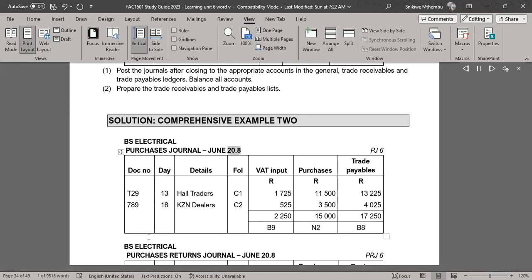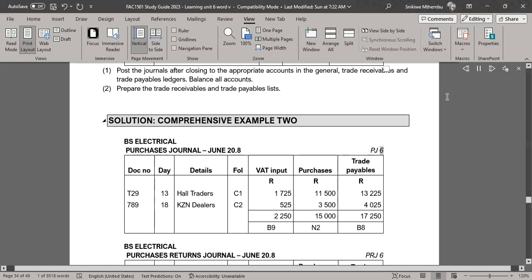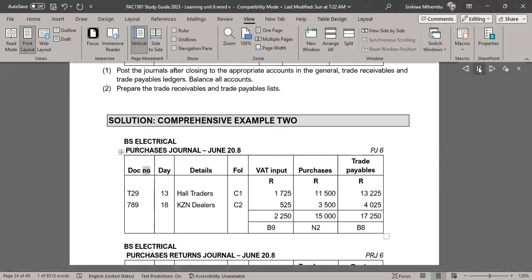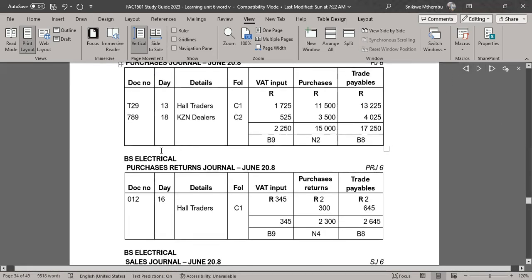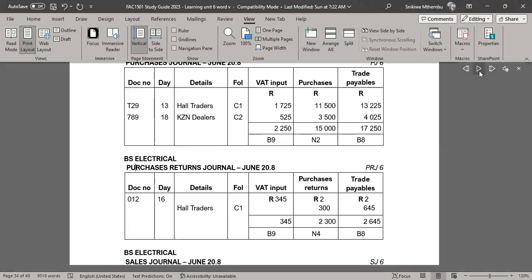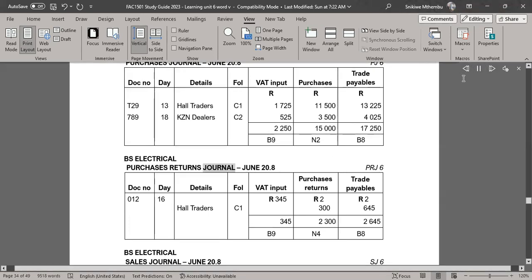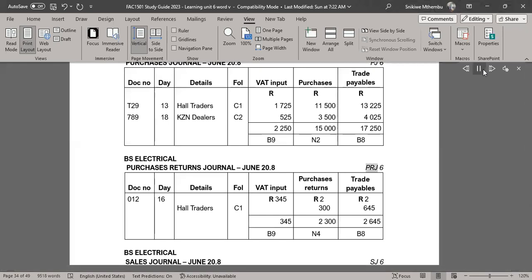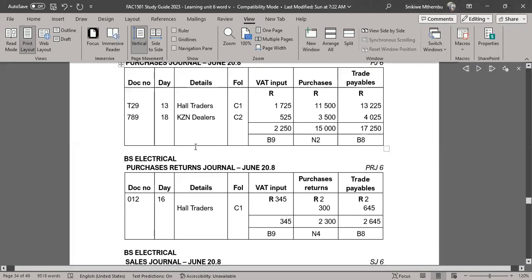Purchases Journal, June 20.8 PJ6. Doc No. Purchases Returns Journal, June 20.8 PRJ6.